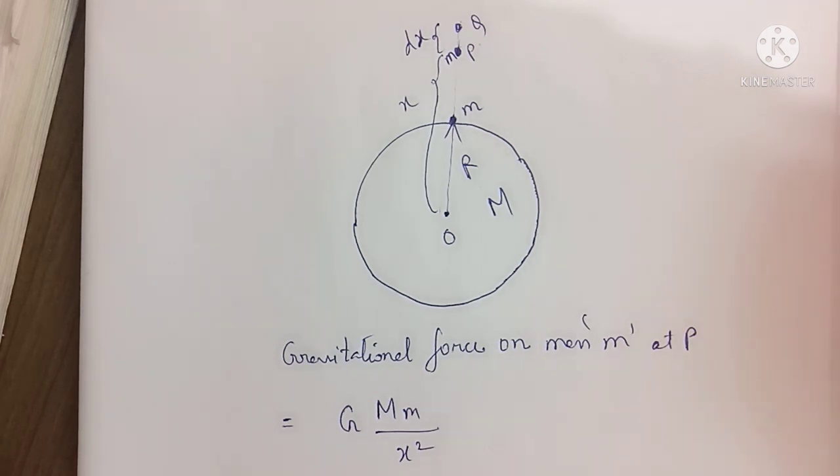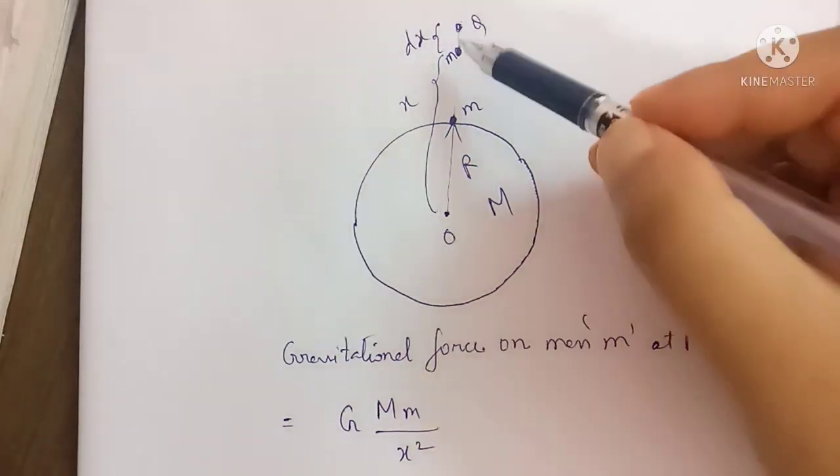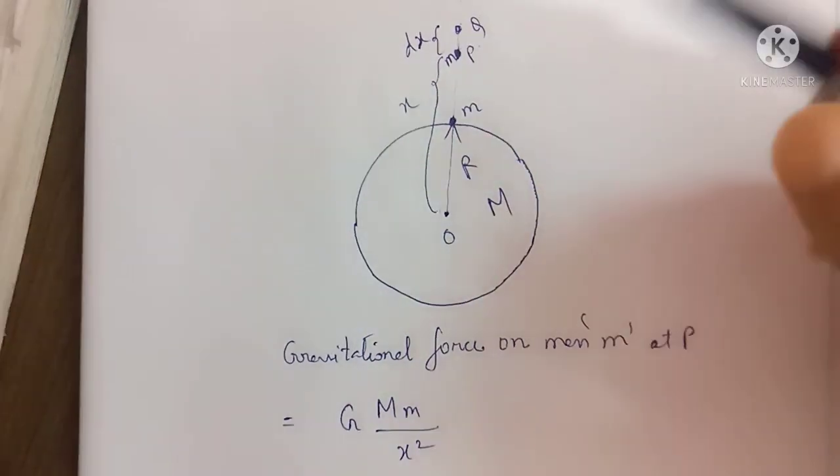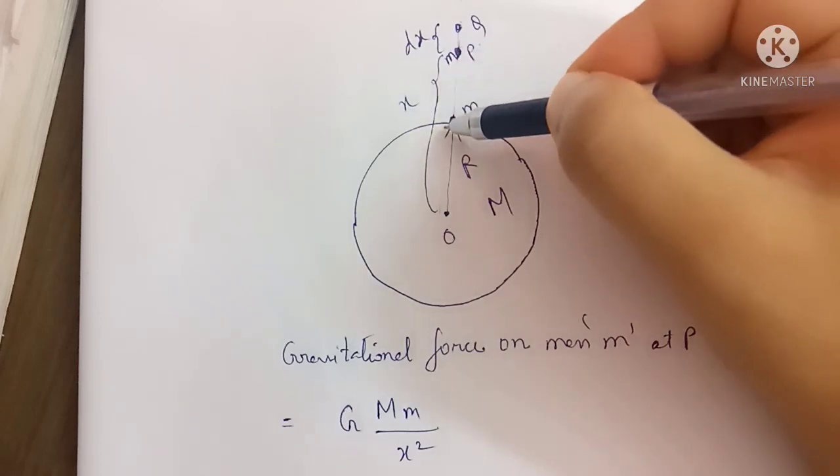GMm by x square is the force on the object at point P. This force will act towards the center of Earth.